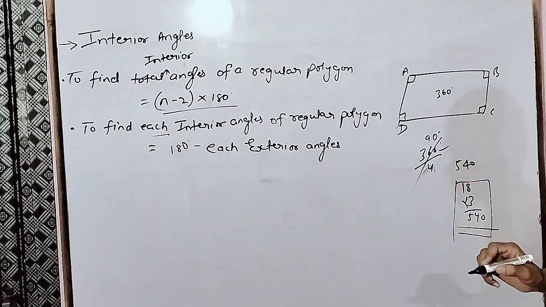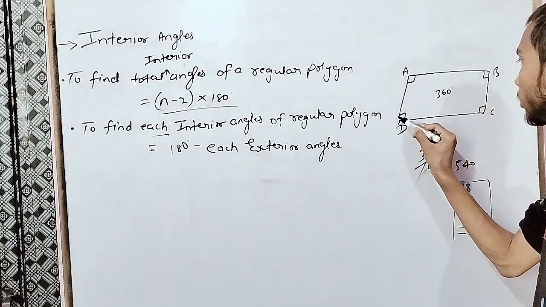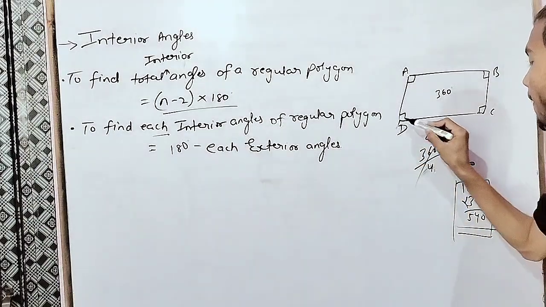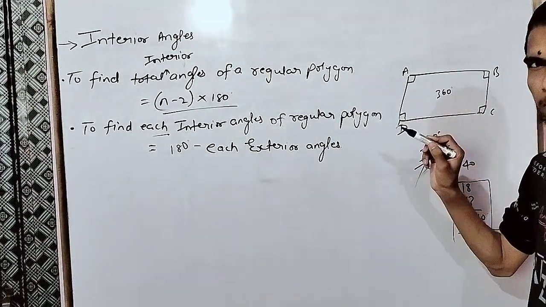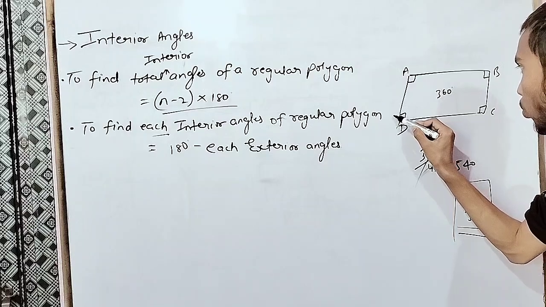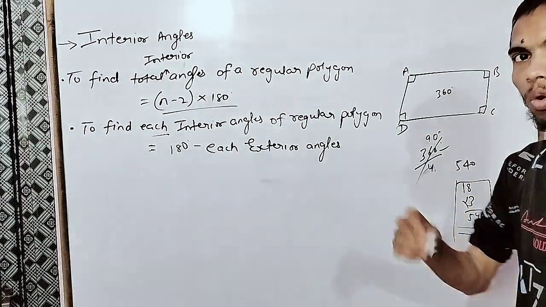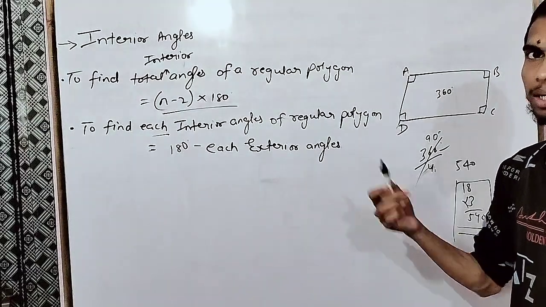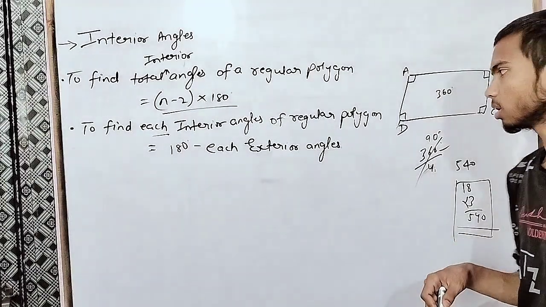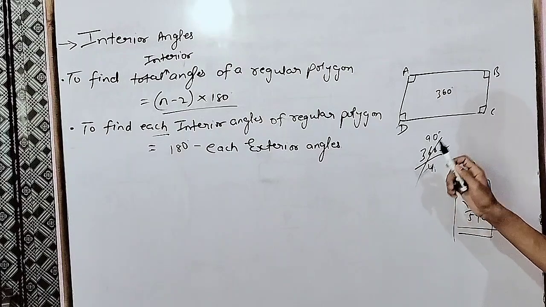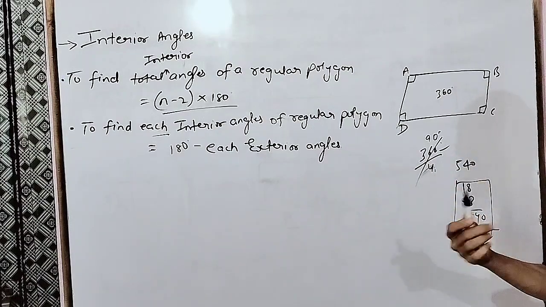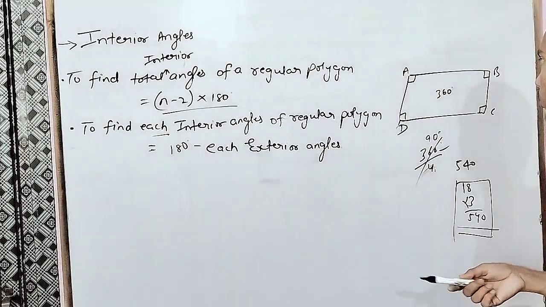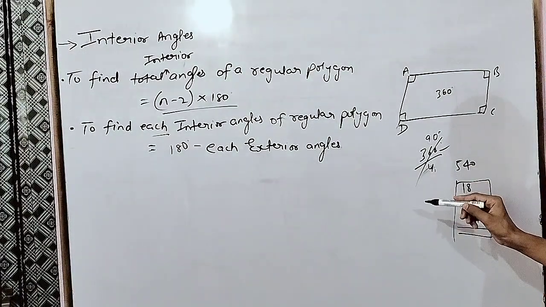Whatever polygon we have, it doesn't matter, the sum of all exterior angles of a regular polygon is always 360 degrees. We just have to observe how many sides the polygon has.